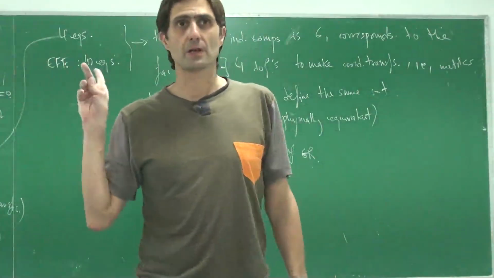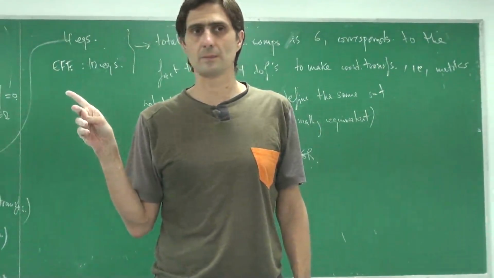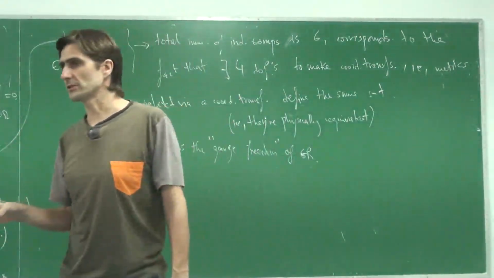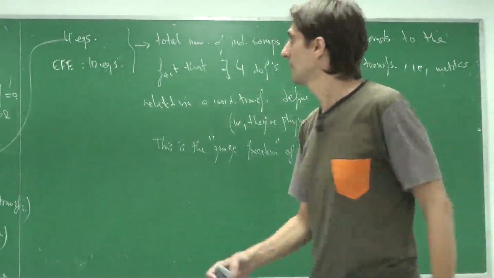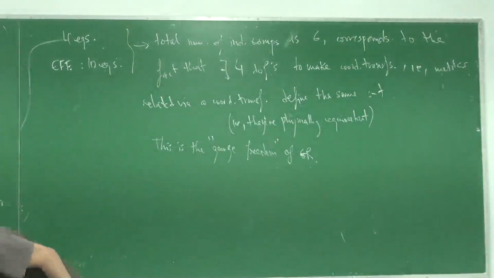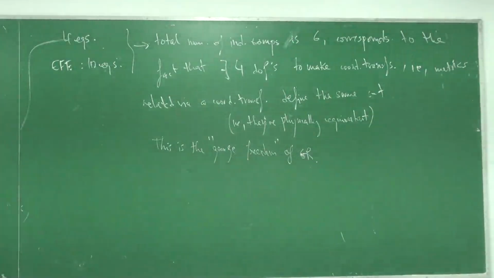Okay, this is the variation of the Einstein-Hilbert action under infinitesimal coordinate transformations. You can do that also for the matter field. So let's do that now for the matter field, for the right-hand side of the Einstein equations.